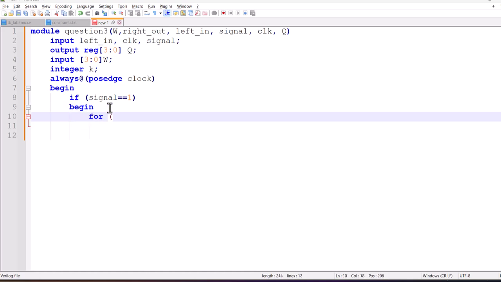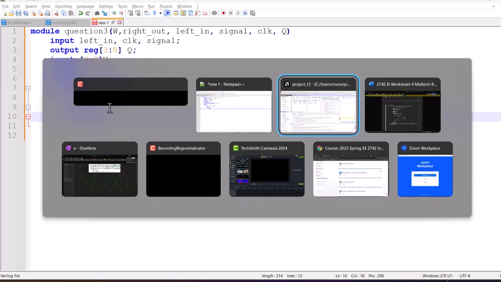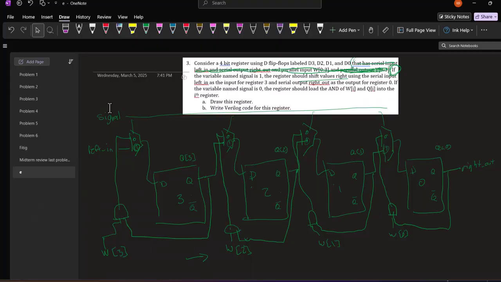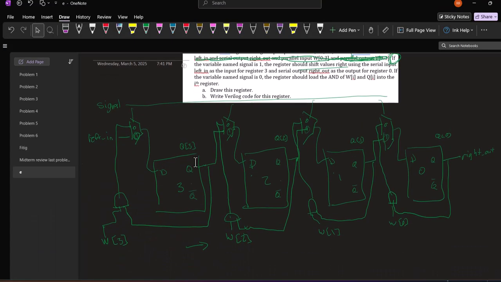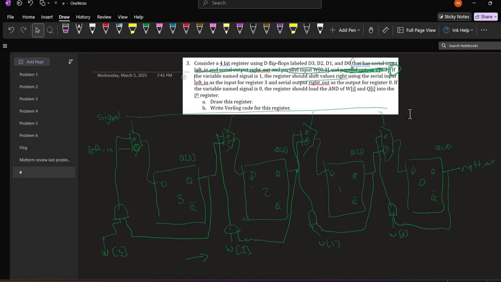For, now let's look at our diagram that we made. So we had 3 went to 2, 2 went to 1, 1 went to 0.